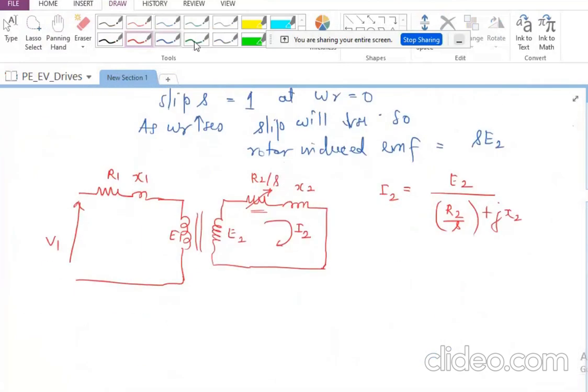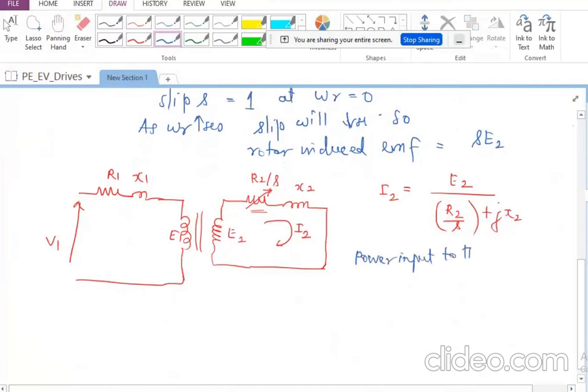So I should say power input to the rotor circuit, that is going to be I2 square R2 divided by S. This is per phase.